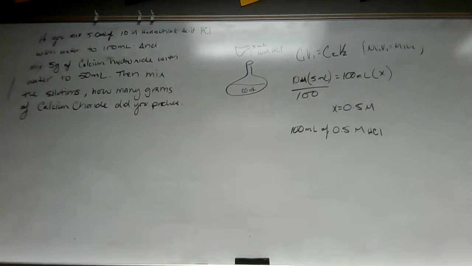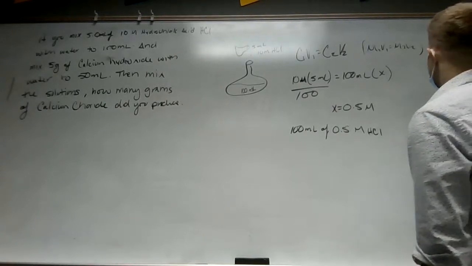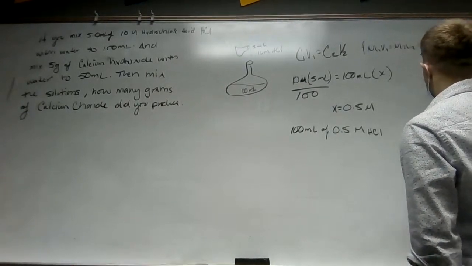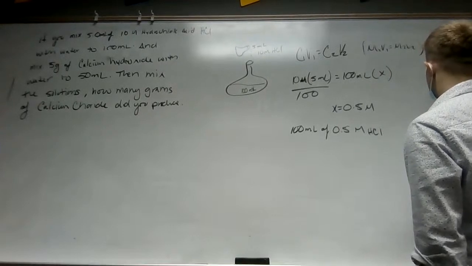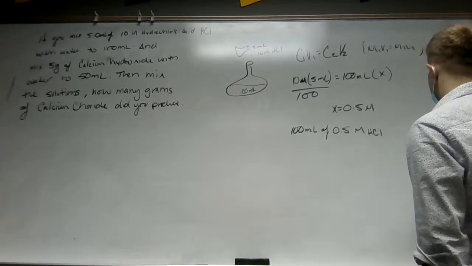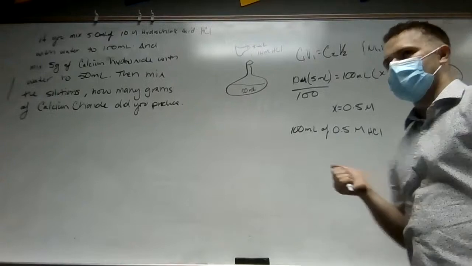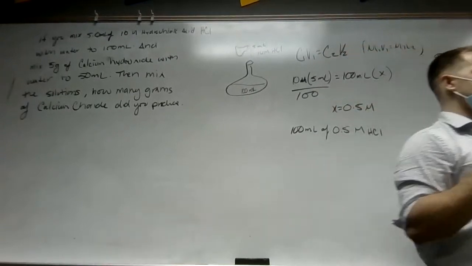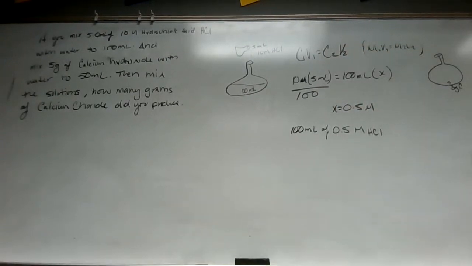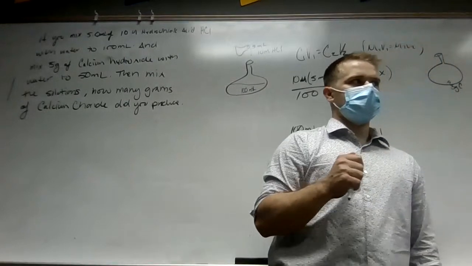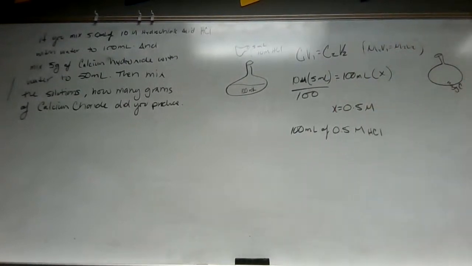Our next step, we mix 5 grams of calcium hydroxide with water to 50 ml. And we've got 5 grams. What's the ionic formula for calcium hydroxide? What's hydroxide?